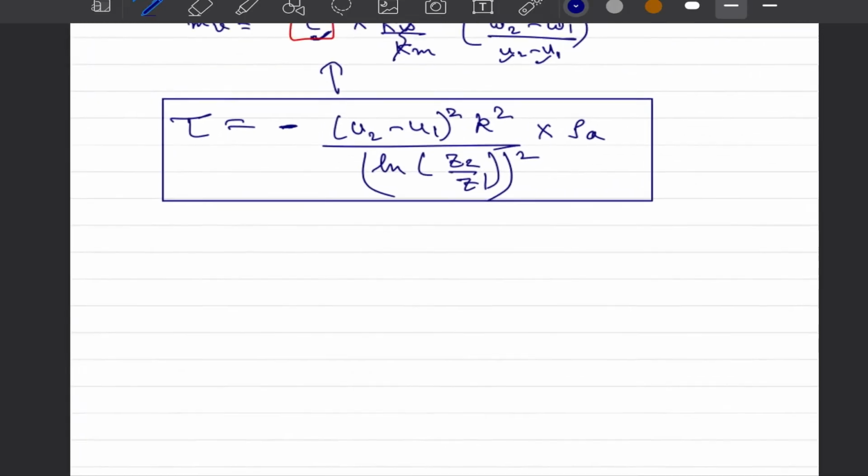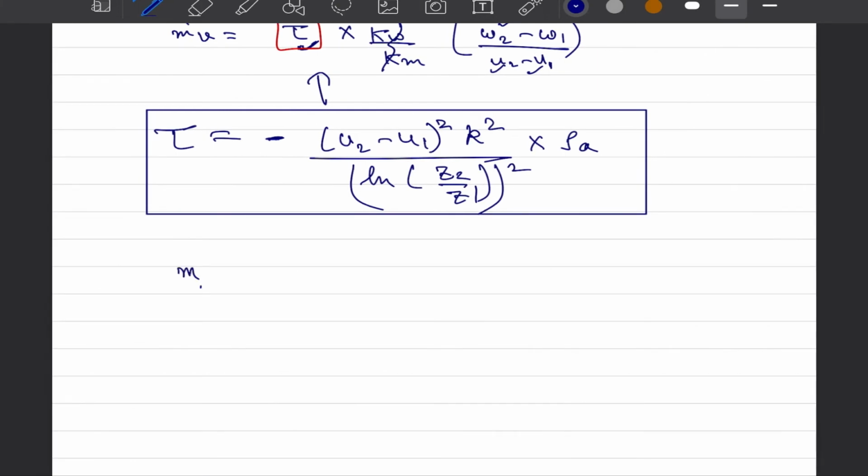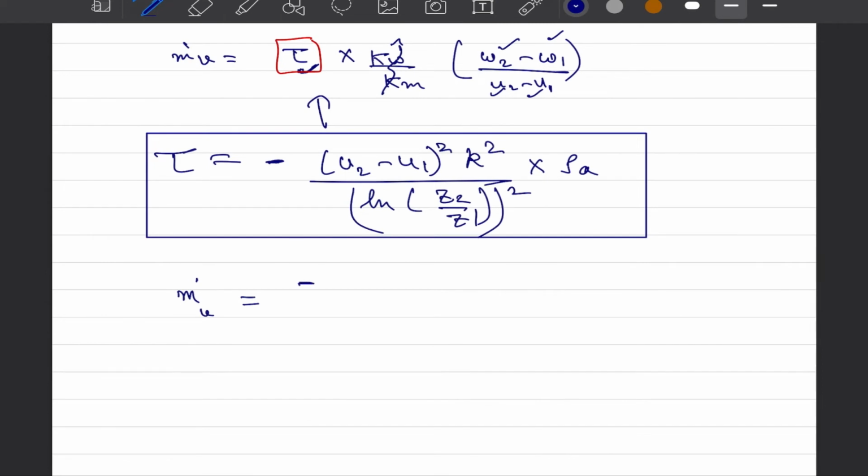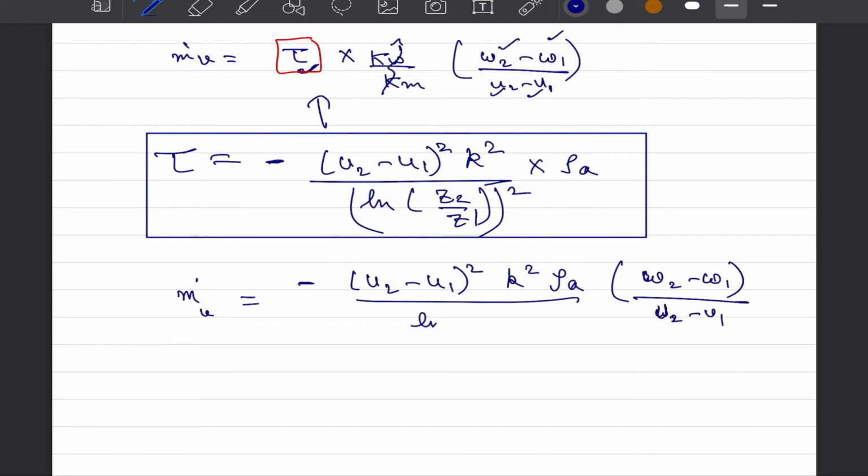We will substitute it here, and we can write mv dot as minus of u2 minus u1 whole square, k square, rho a, omega 2 minus omega 1 divided by u2 minus u1, and this will be divided by ln z2 upon z1, the square of the entire quantity.